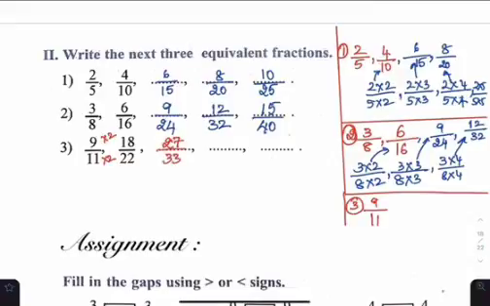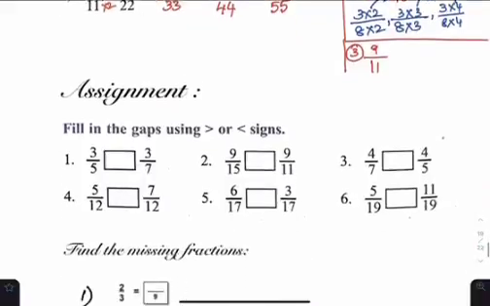Then next step is 9 fours are 36 divided by 44. 9 fives are 45 divided by 11 fives are 55. I hope all of you have understood this, children. If you work out along with me, it's easier for you to understand.